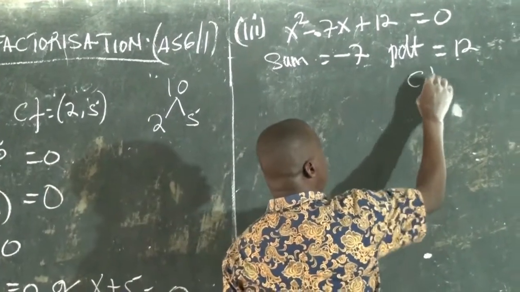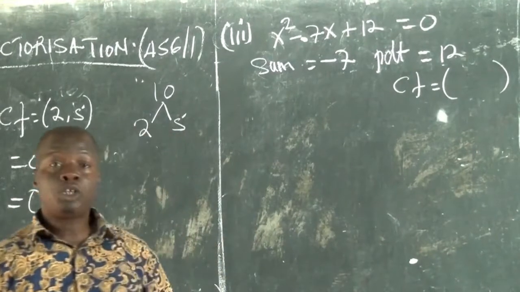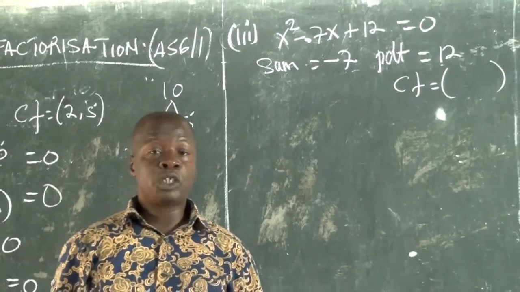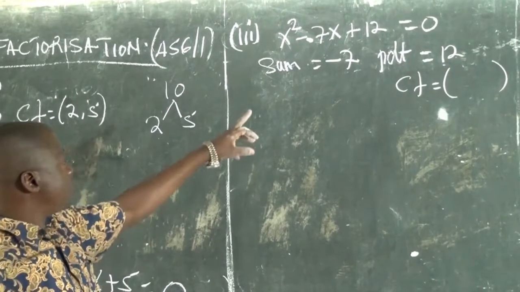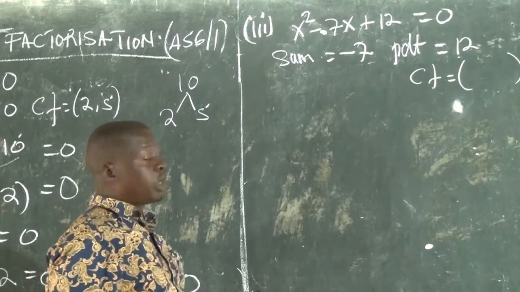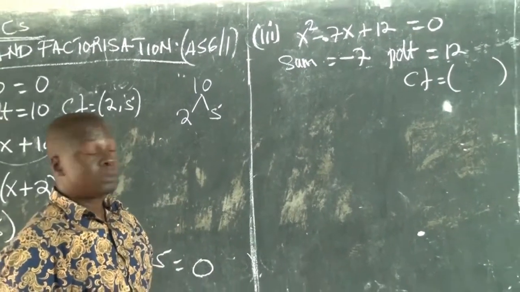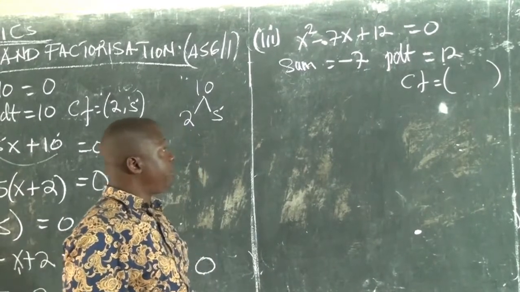Identify the common factors. Two numbers, when you multiply, you get positive 12, and when you add, it gives you negative 7. We have 1 and 12, cannot tell it. We have 2 and 6, cannot tell it.